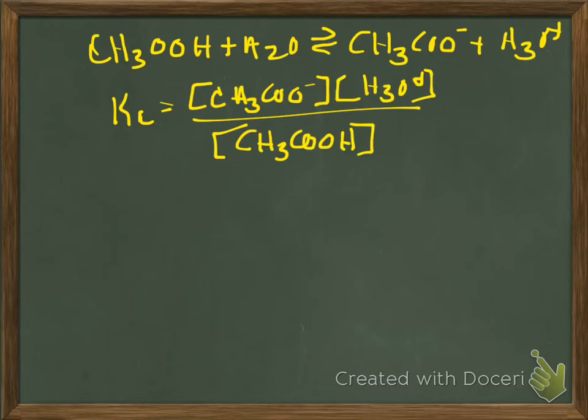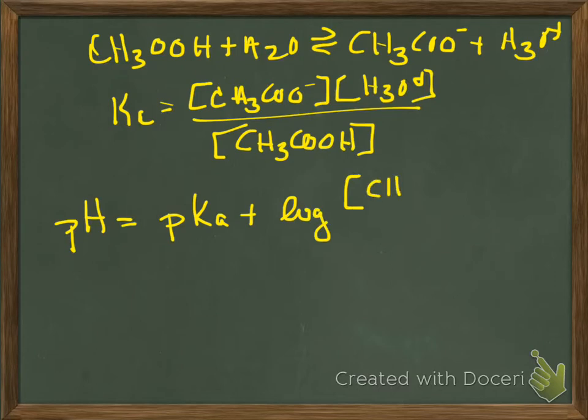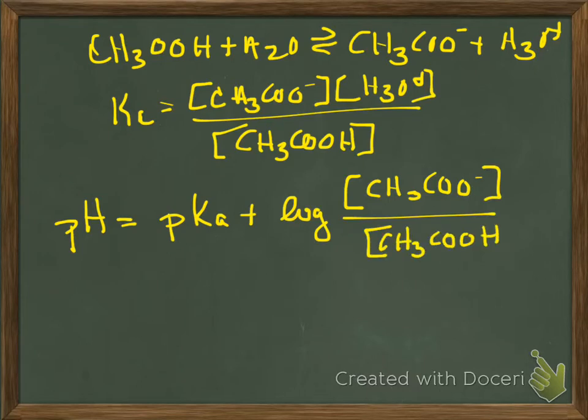If I take the logs of both sides and rearrange, I will end up with the equation pH is equal to the pKa plus the log of the concentration of the salt over the acid. Okay. If the concentration of these two things are equal, this will drop out and your pH is equal to your pKa.